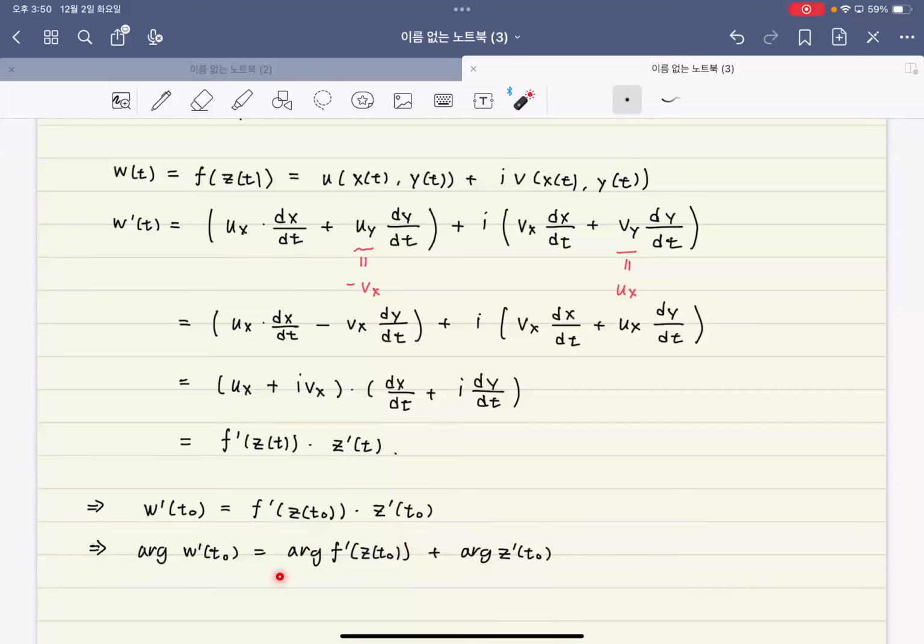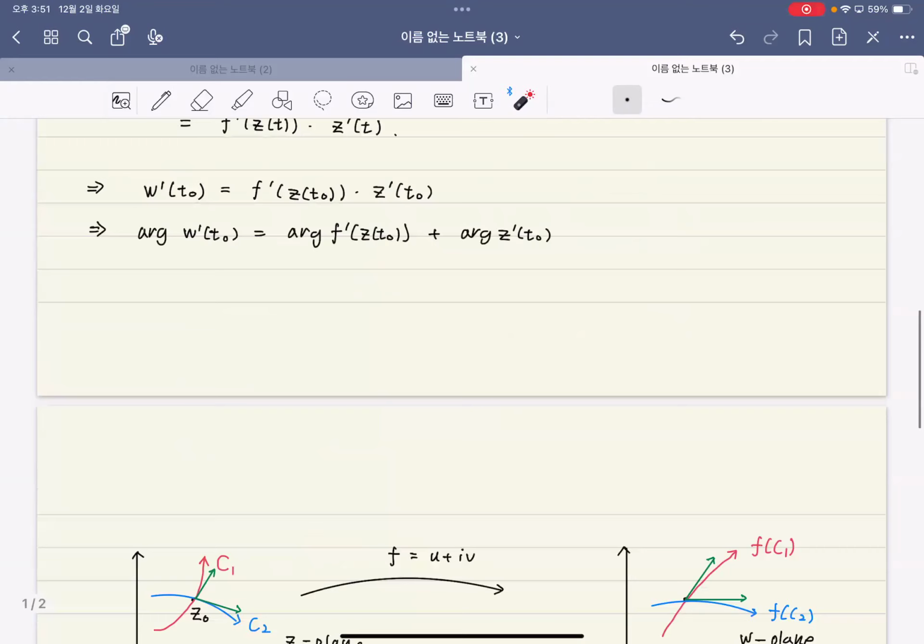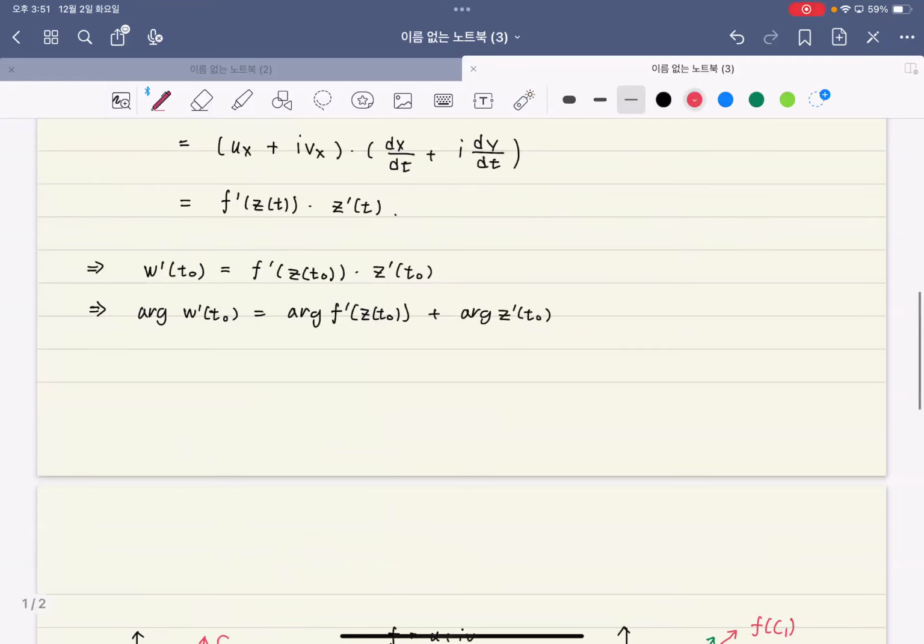Therefore, the angle preserving property is destroyed when your derivative equals zero. This is a very crucial observation. So this last step is actually true only if the derivative at this point is non-zero.